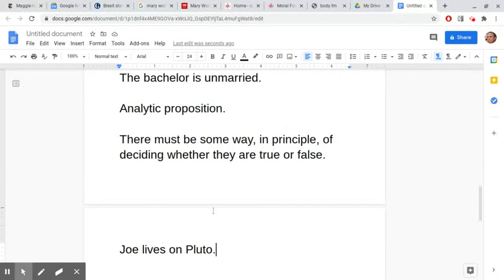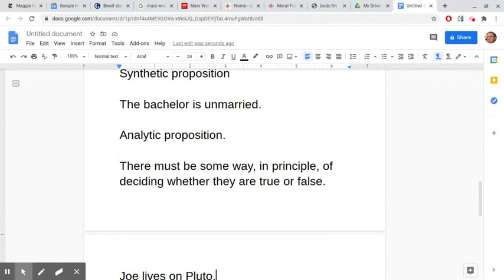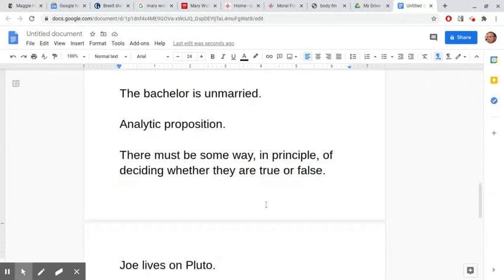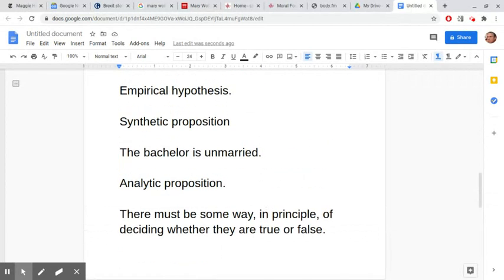But his idea is, really similar to Wittgenstein's idea, that if you make a proposition about the world, which is a synthetic proposition, not an analytic proposition, there must be some way, at least in principle, of deciding whether the proposition is true or false.